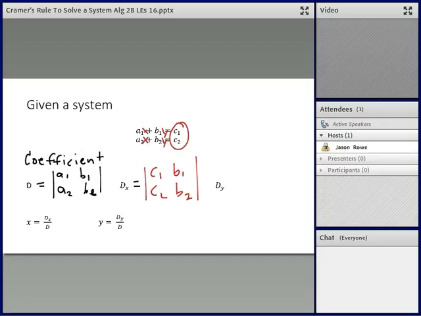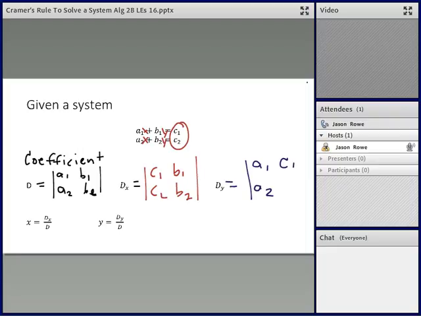Okay. And so D sub Y, or the Y matrix. Well, if it makes sense not to use the X coefficients when you're finding X, then it also makes sense not to use the Y coefficients when you're finding Y. So we're going to put the A's in, A1, A2, and leave out the B's.